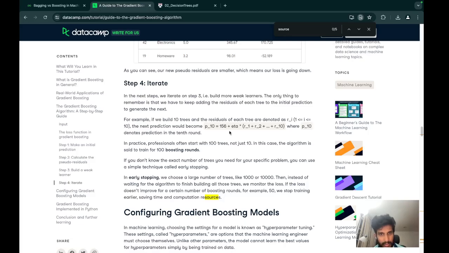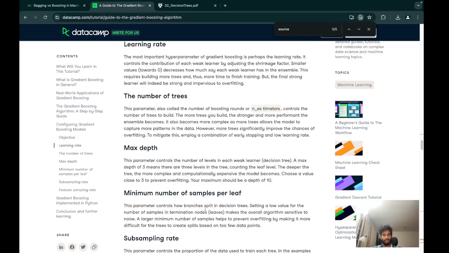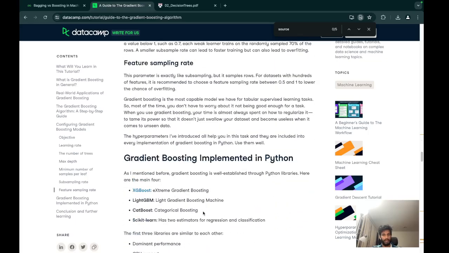For example, if we build 10 trees and the residuals of each tree are denoted as R, the next prediction will be P of 10, which is 156 plus the learning rate into the sum of all the residuals, where P10 denotes the 10th round.